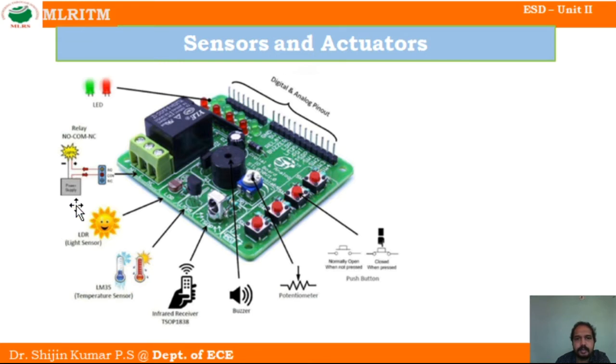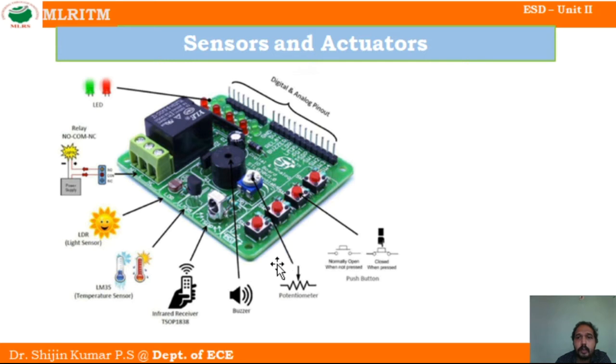LDR, light dependent resistor, is a light sensor, so here we are giving light input. Then the temperature sensor is also a sensor, which gives input to the embedded system. The infrared receiver is also a sensor that gives input. The buzzer is an output, so it is an actuator.